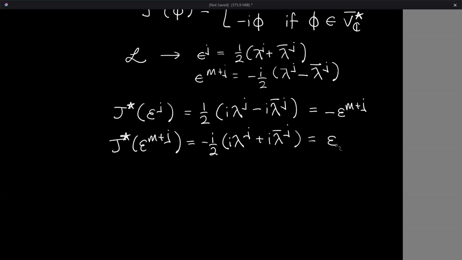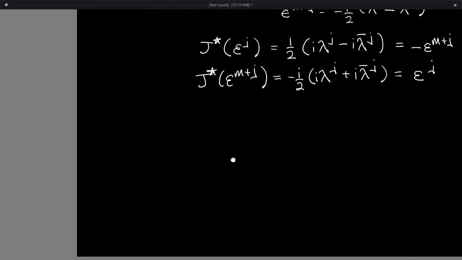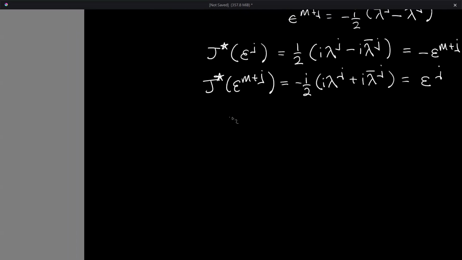That will give us epsilon j. Lastly, we needed these to decompose.